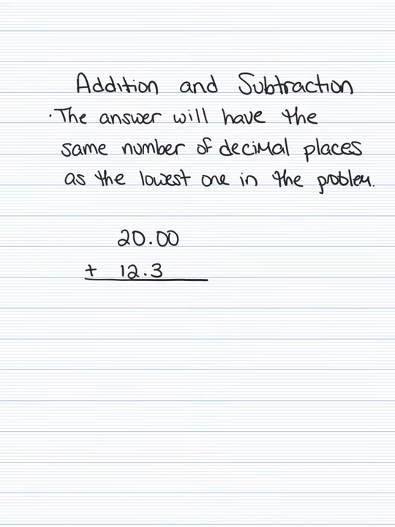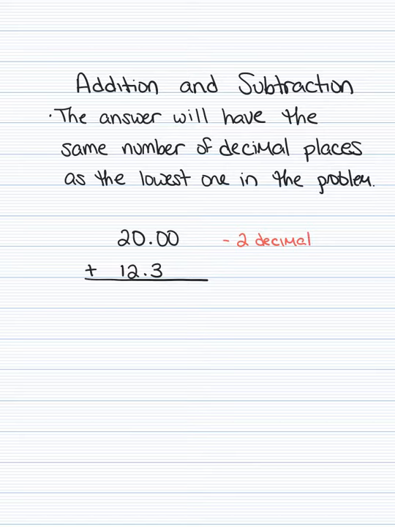When working with addition and subtraction, your answer will always have the same number of decimal places as the number in the problem with the lowest number of decimal places. For example, in the problem 20.00 plus 12.3, the number 20.00 has 2 decimal places.